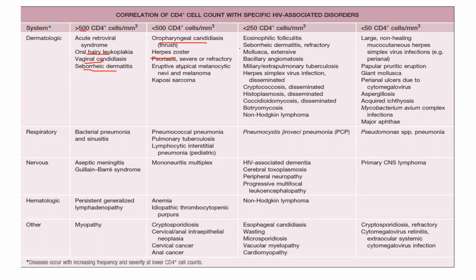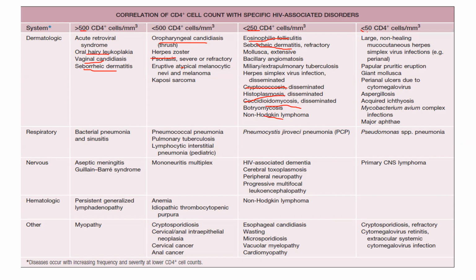If the CD4 count goes below 250, then you get eosinophilic folliculitis, severe refractory seborrheic dermatitis, cryptococcosis, which can be disseminated, histoplasmosis, and the rest, and also some cancers like non-Hodgkin's lymphoma.